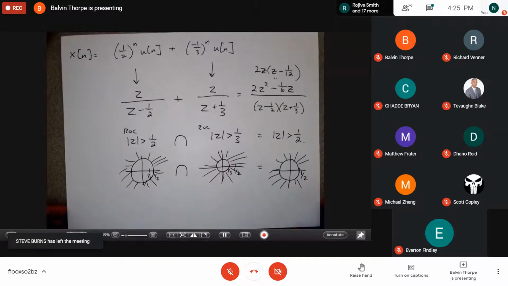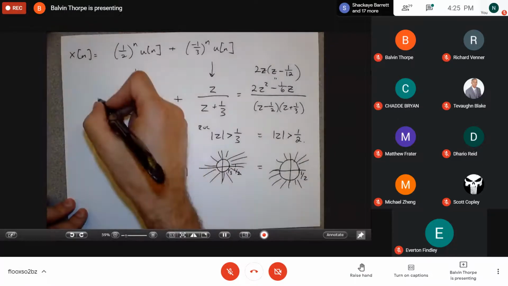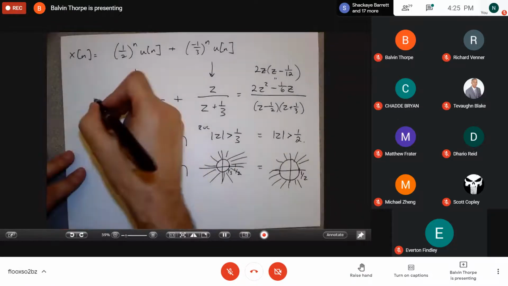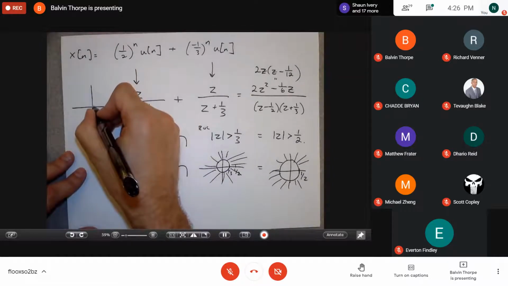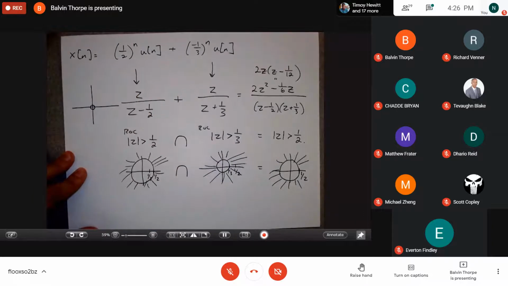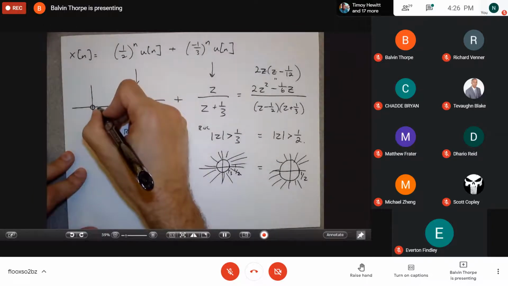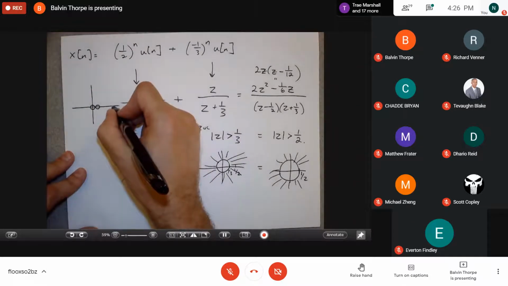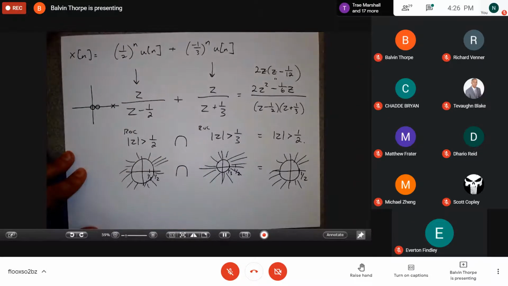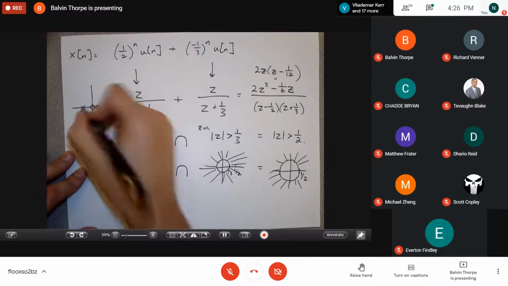And so if I were to draw the pole-zero diagram, what I would get would be the following. I didn't leave myself that much space, but I can try to do it over here. I have a zero at 0. I have a zero at 1/12. I have a pole at a half, and I have a pole at minus a third.